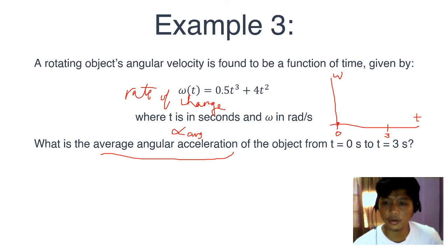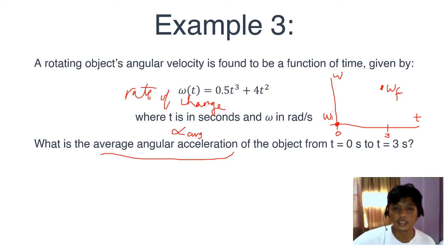So maybe our omega initial is right here, and our omega final is right here. So we're trying to figure out how much and how fast this omega changed from initial to final.